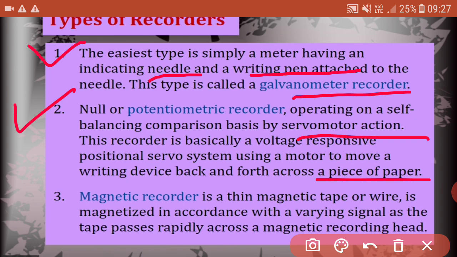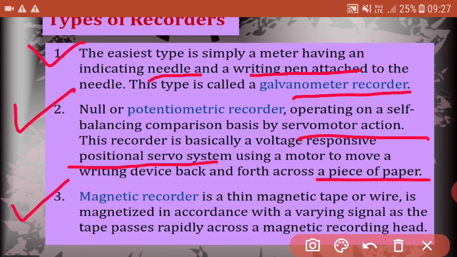So a servo motor is used in this type of recorder. It means there is a voltage responsive potential servo system using a servo motor to move a writing device back and forth across a piece of paper. The writing device is running over the piece of paper and there is a chart. So this type of instrument is known as a null or potentiometric recorder.